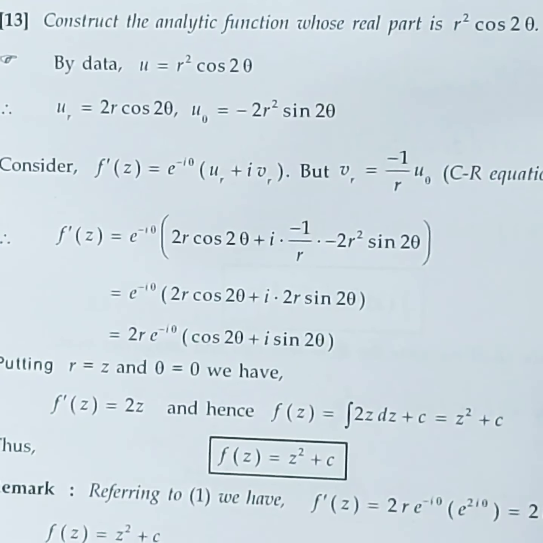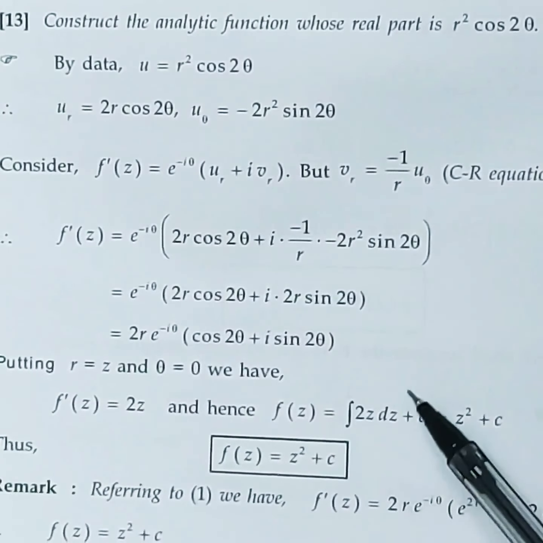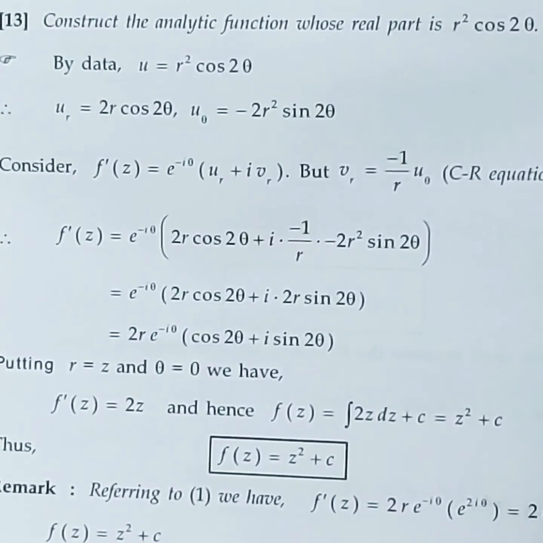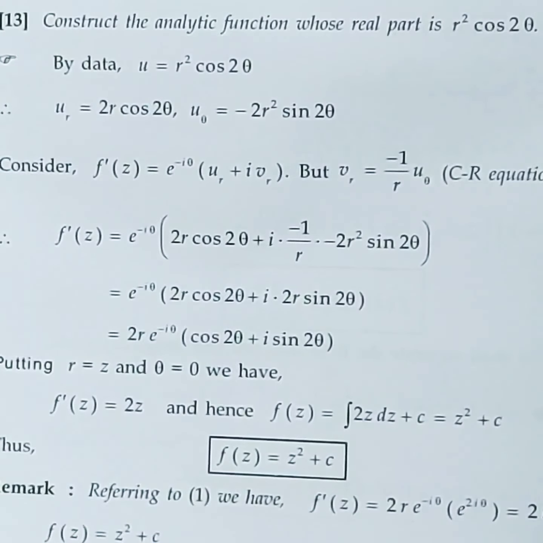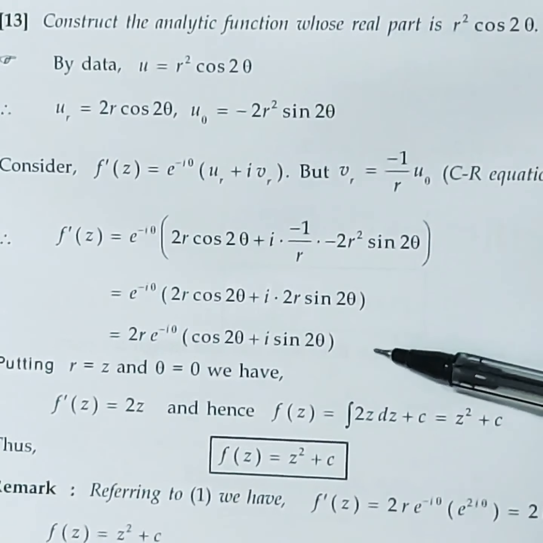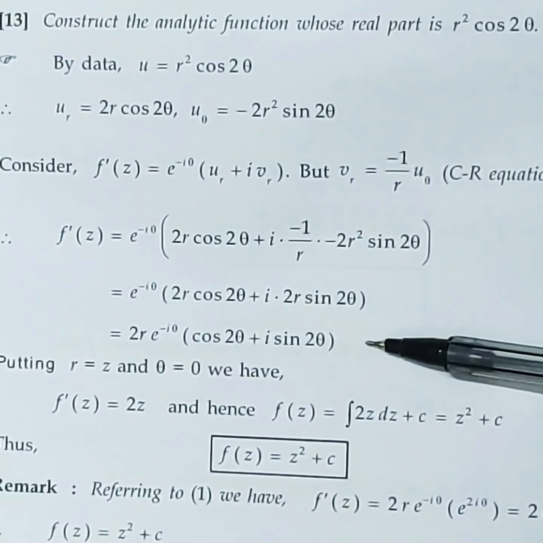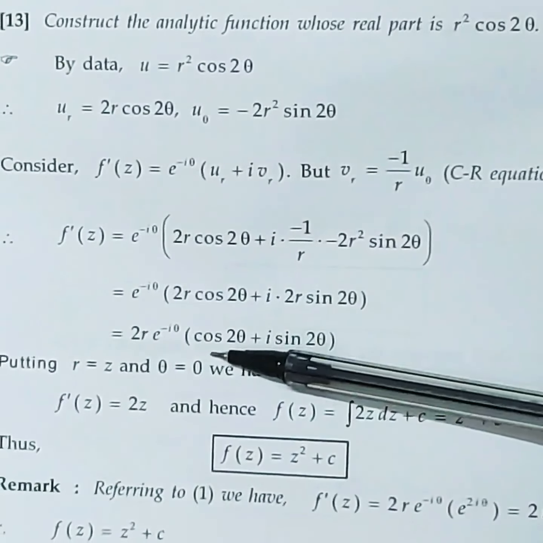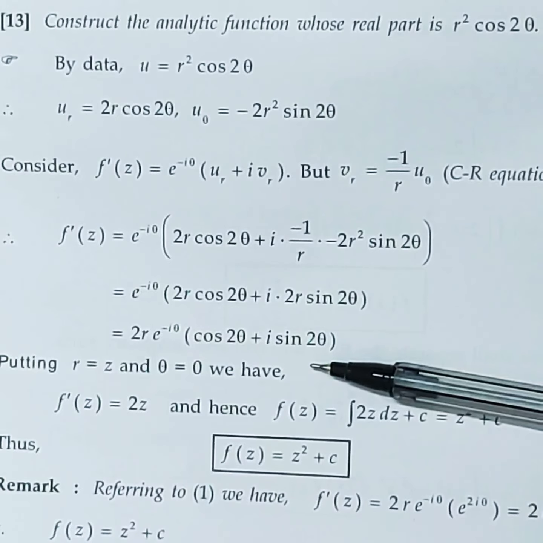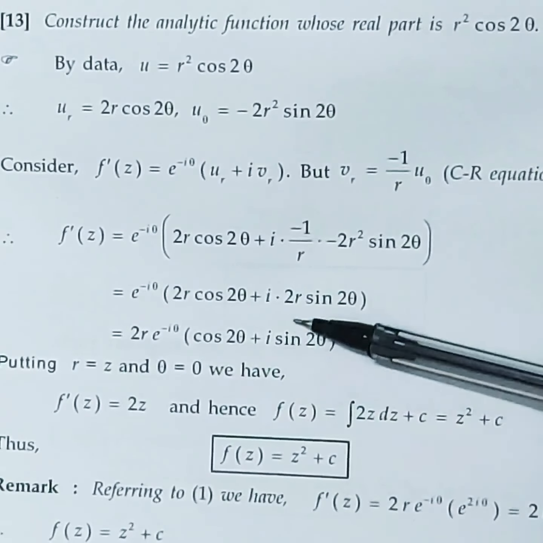Integral of 2z is 2 into z square by 2. Correct? So that 2 and this 2 will get cancelled. We got z square plus c. So this is the solution. Here if you see, even without substituting we got this in terms of z, because cos 2 theta plus i sin 2 theta is e power 2i theta.